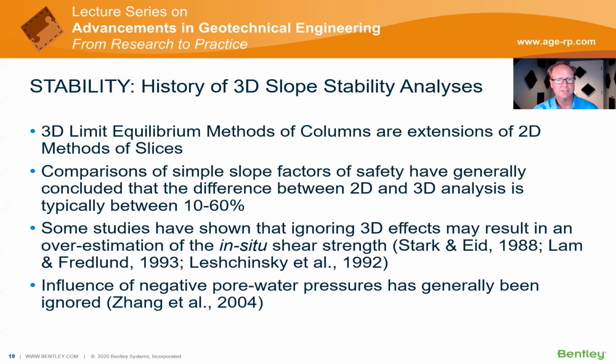And some studies have shown that ignoring 3D effects can result in an overestimation of in situ shear strength. And the influence of negative pore water pressures has generally been ignored, in a study done by Chung in 2004. So we're going to talk through some of this and look at a little bit of 2D, 3D effects and some unsaturated effects.